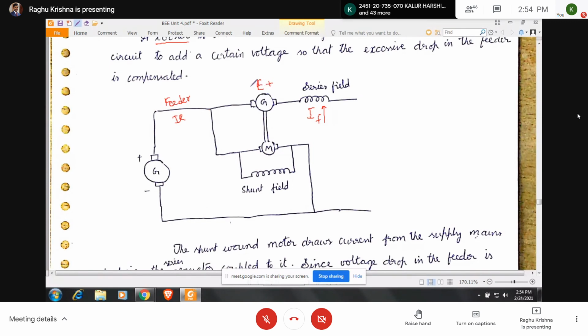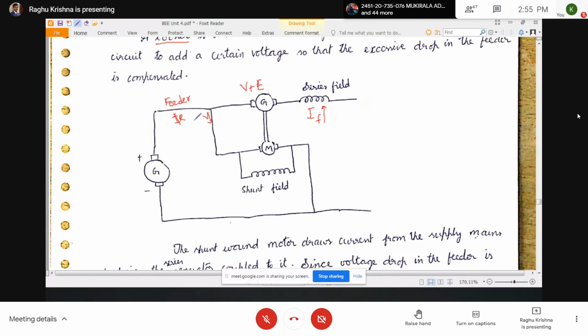This will be added to V. Suppose the voltage is V, it got reduced due to the increase in the current, and we have to increase the voltage. We are going to add this voltage E to this V proportional to the load current.